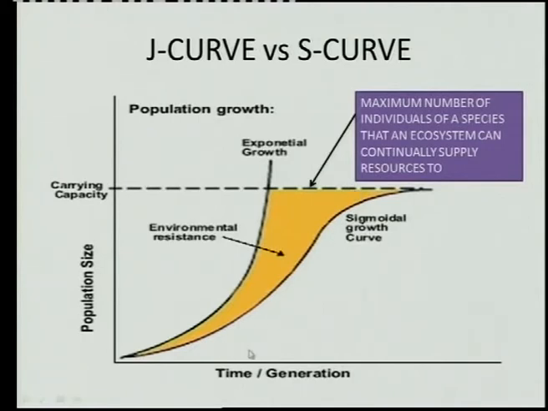And that's typical, as I've said, for something like insects. And there you can see that the S curve is much more stable. And there you've got your carrying capacity, which is a number around which the equilibrium will be reached, meaning that because of environmental resistance, this environment cannot support a bigger population.